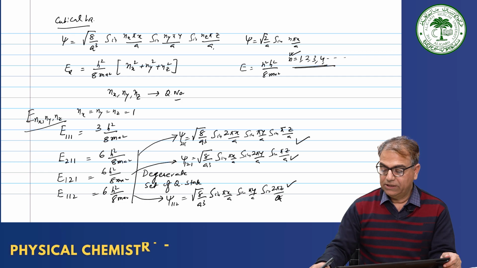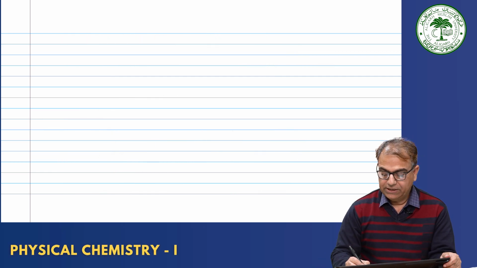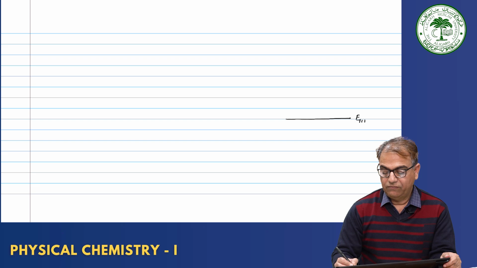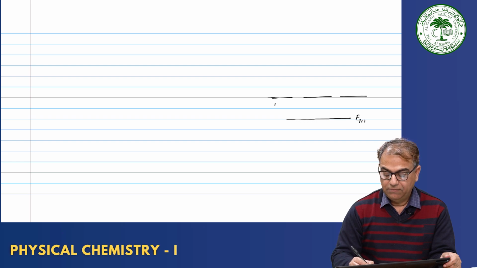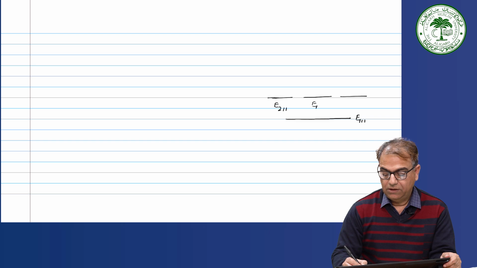So if you plot this, you will have the lowest energy level, that is E111. Then you have 3 energy levels, all of the same energy: E211, E112 and E121. Okay. What about the next one?